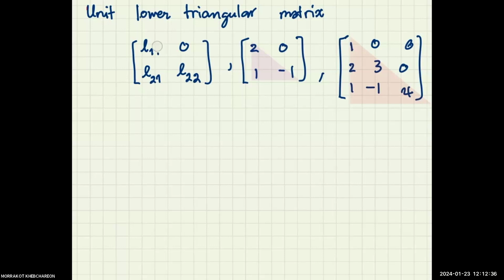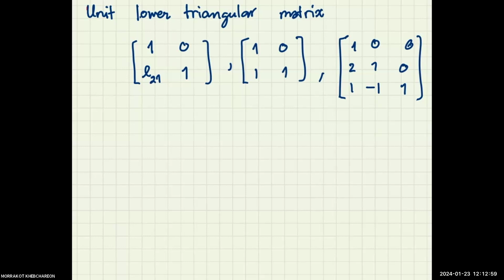So instead of L11, L22, we have the number 1 along the diagonal. This one has to be 1 along the diagonal. So this is called the unit lower triangular matrix.